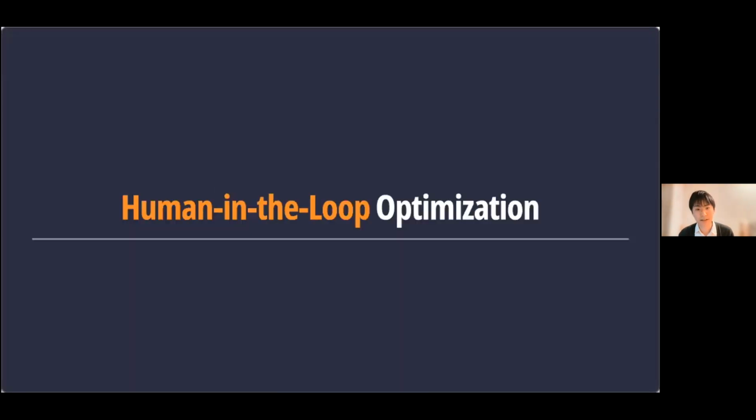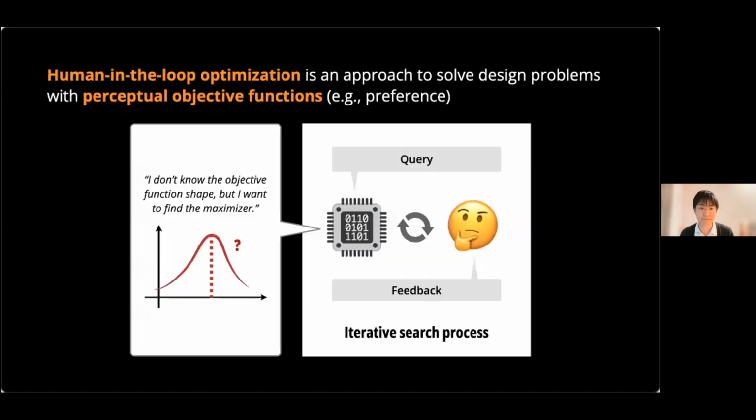As an answer to this question, I'd like to introduce human-in-the-loop optimization. Human-in-the-loop optimization can be used for solving design problems with subjective or perceptual objective functions. In this case, the machine processor iteratively asks the human evaluator subjective questions.